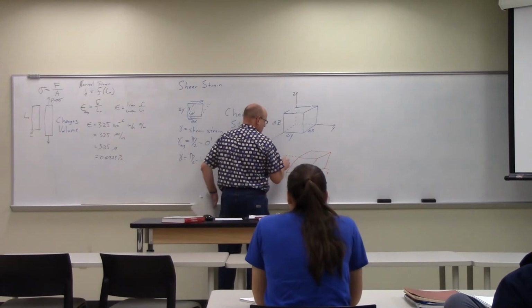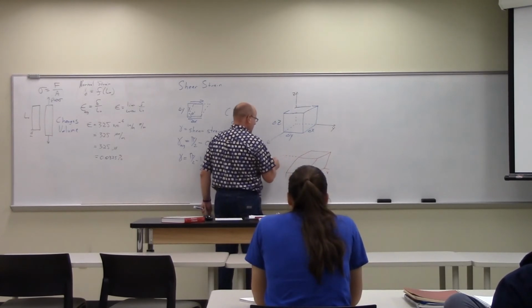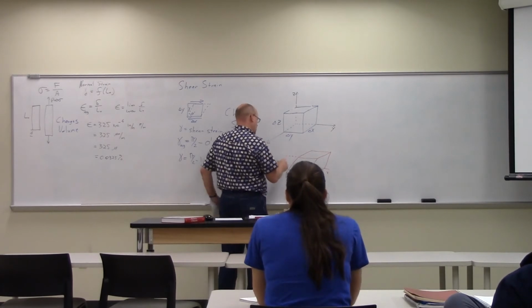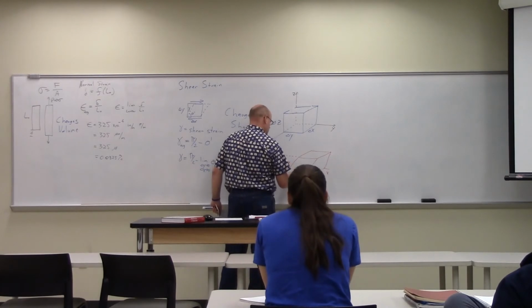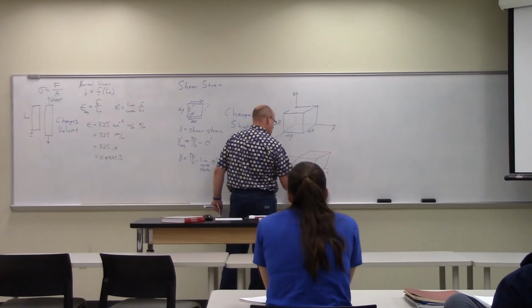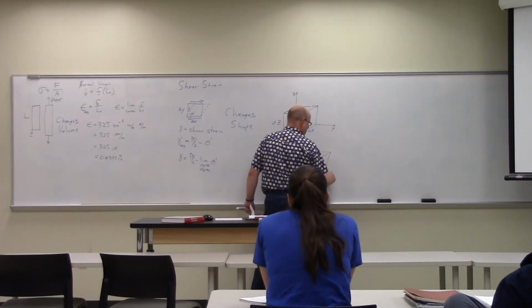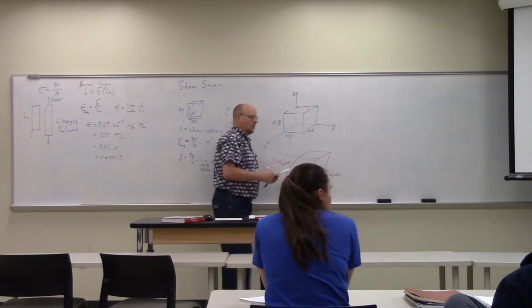So we have z prime, the new z prime. Let's just write what it is. 1 plus epsilon in the z direction times delta z. And this is 1 plus epsilon in the y direction times delta y. And this one is 1 plus epsilon in the x direction times delta x.